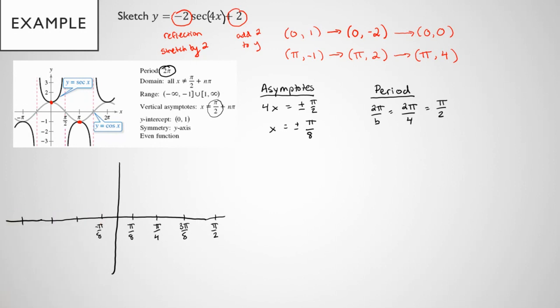Okay, so now I'm going to just draw in my asymptotes. So they're at plus or minus pi/8. Now the nice thing about the way that we label everything is that your asymptote is going to be every other thing that you've labeled, as long as you were counting the same.